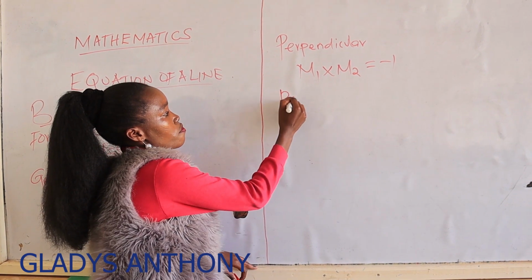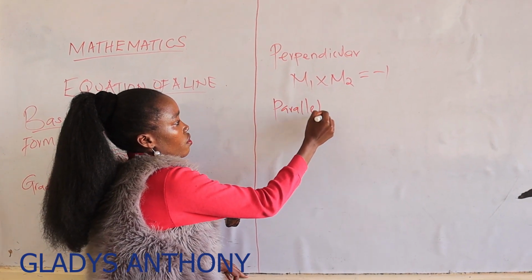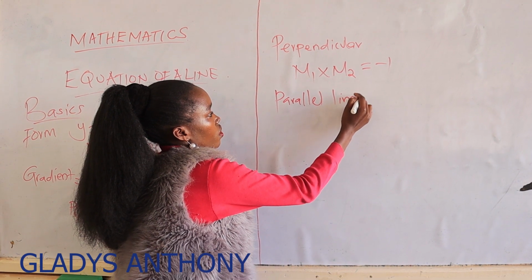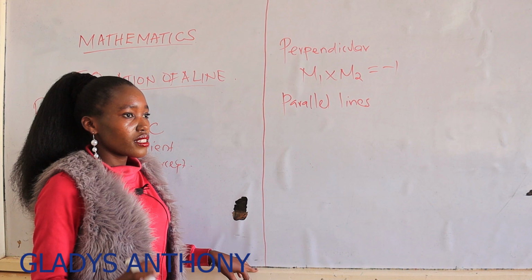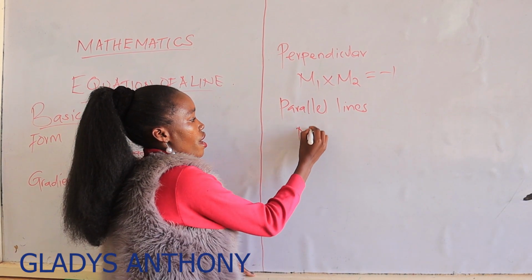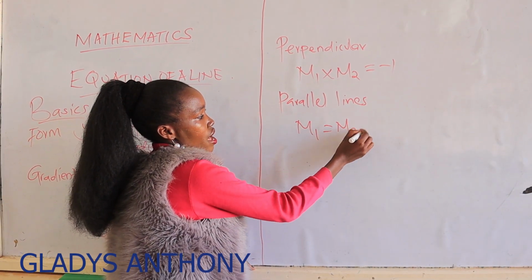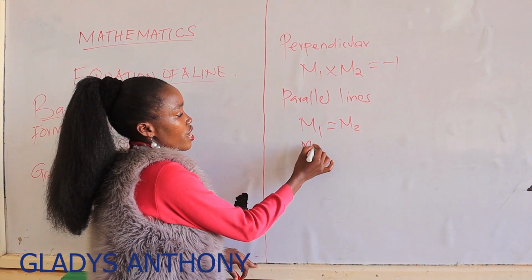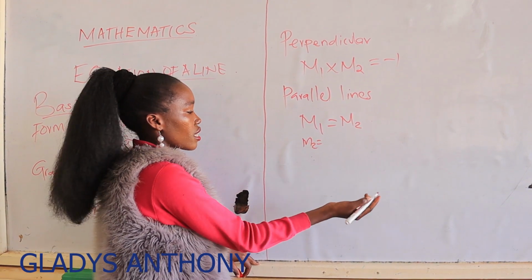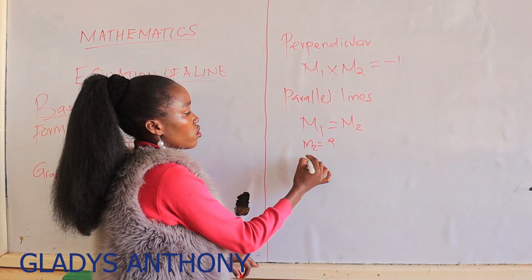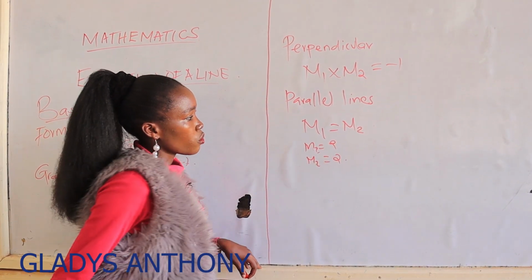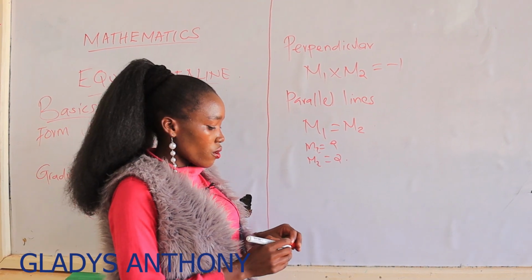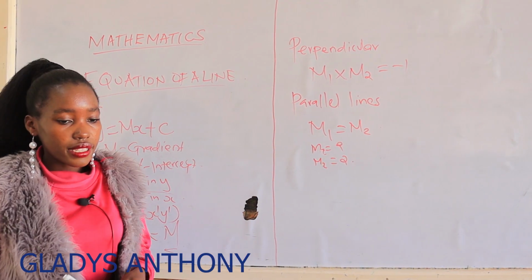Then for parallel lines, the gradient is the same, so m1 is the same as m2. If m1 is 2, m2 will also be 2. So we are going to tackle this by using an example.